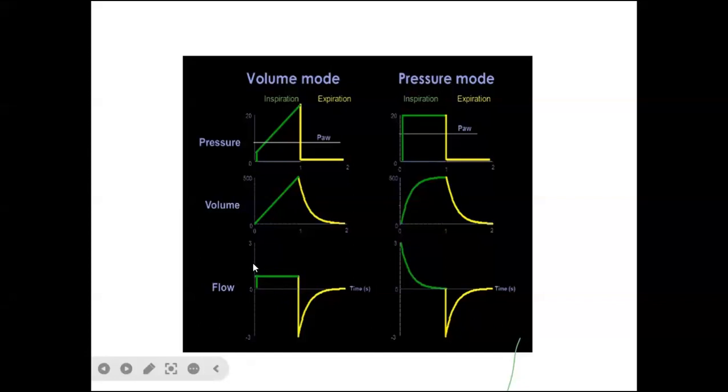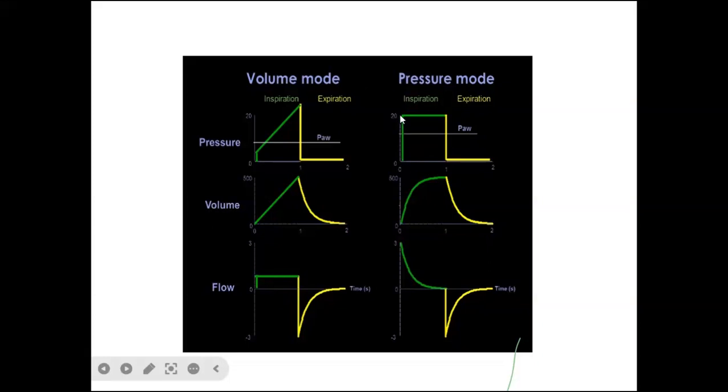That's what I'm telling: you are controlling flow, your volume is not being controlled here. Flow is constant, so you're controlling flow. By controlling flow, you're controlling volume. Actually, you're targeting volume. By controlling flow, you are targeting volume. That is volume control mode.